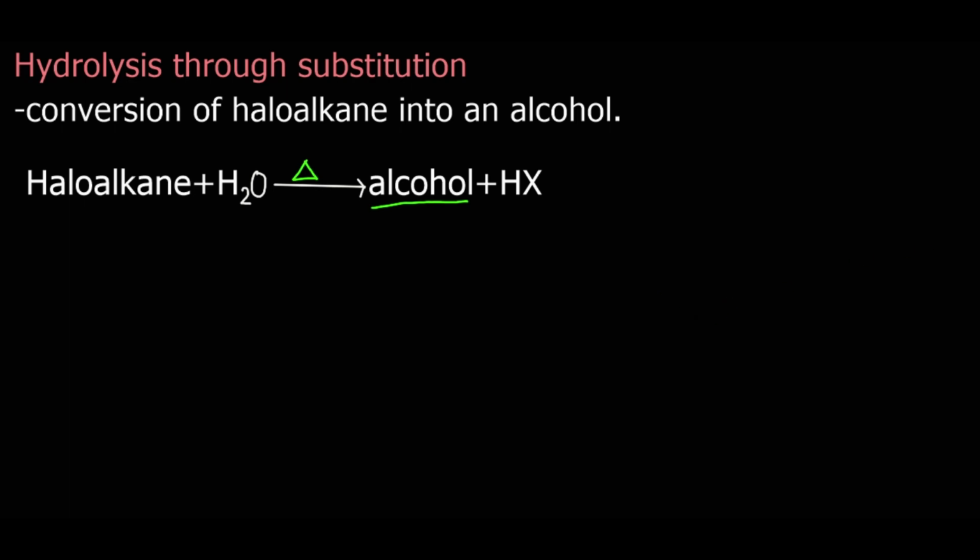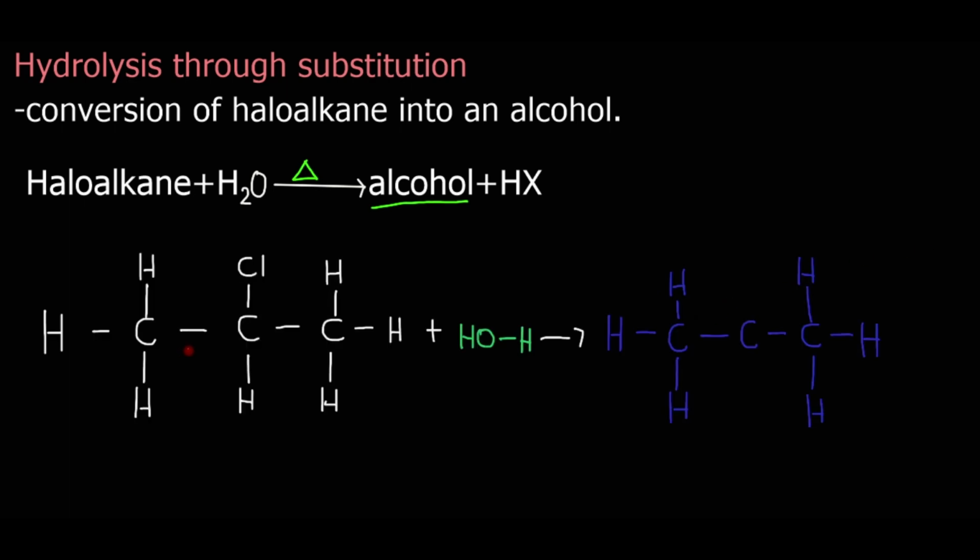Let's look at an example where we have a haloalkane, because we can see that it is an alkane that has a halogen. Because this is substitution, this means we will substitute something with something. So we will substitute the halogen with OH. Remember this is water, so it's the same thing the way I wrote it.